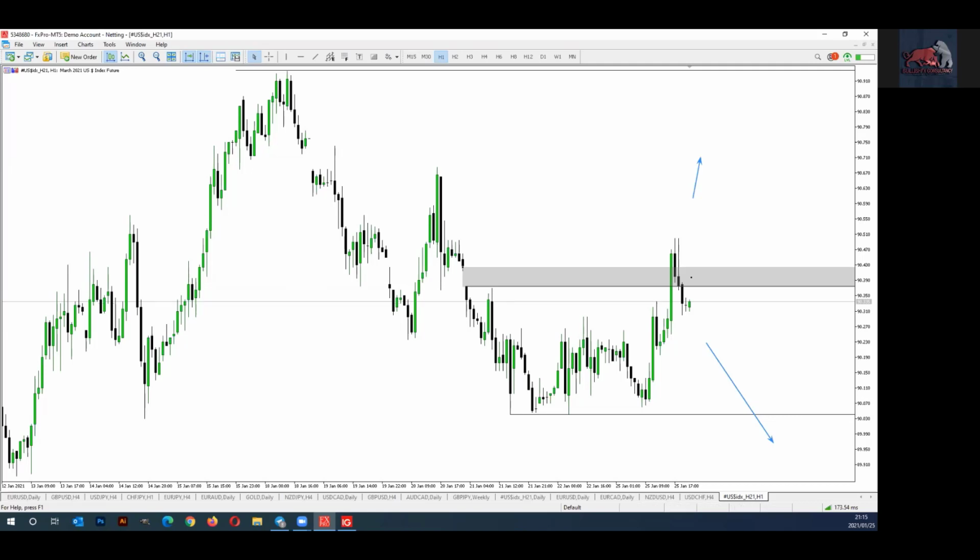Let me highlight them for you. If we trade and close below these equal lows, there are sell stops down here. You see?